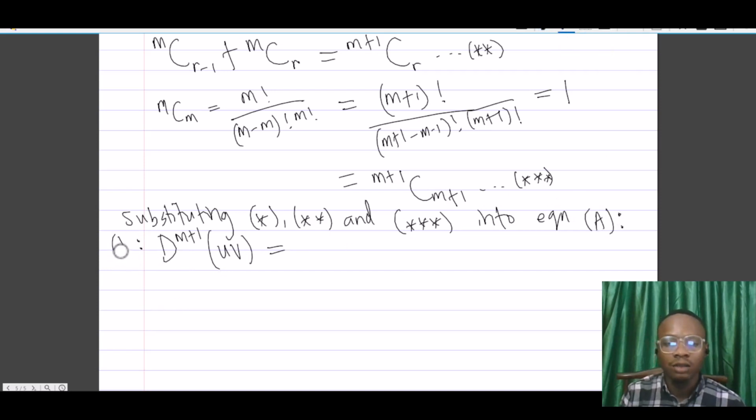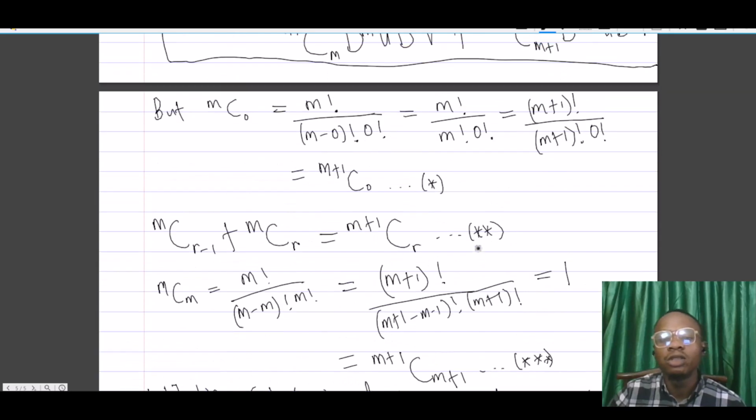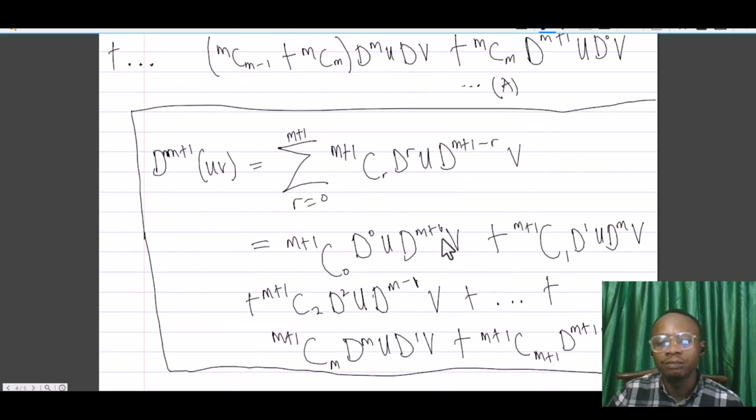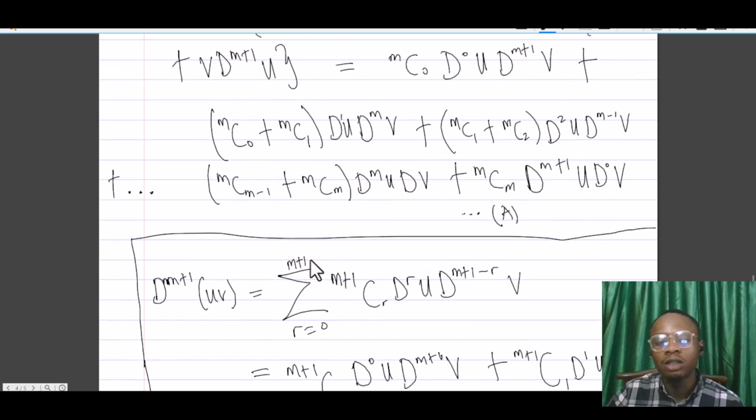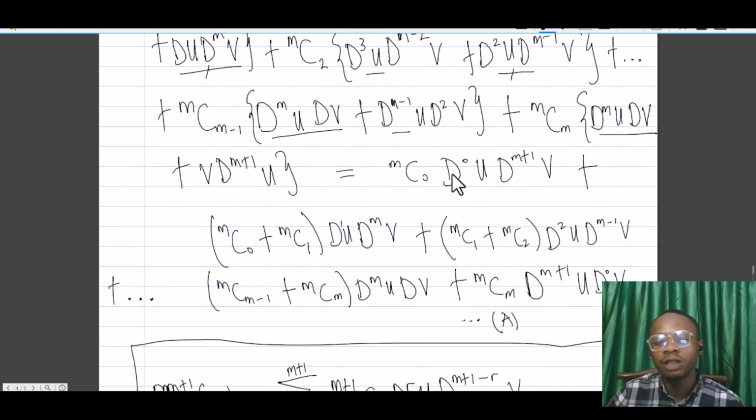So let's wipe this off from here. Right. So this is going to be m plus 1 combination 0 and d to 0 u, then d to m plus 1 b. That's basically what we have up here, what we are repeating. Just change this to m plus 1 combination 0. Every other thing remains as before.